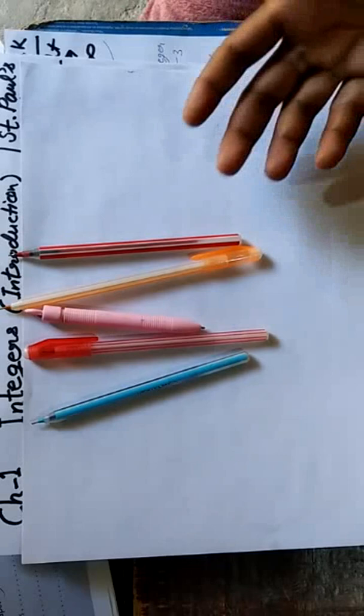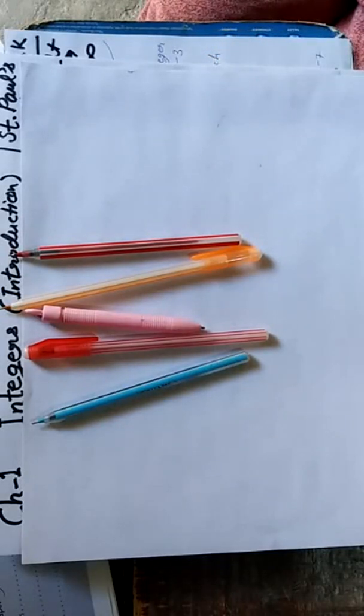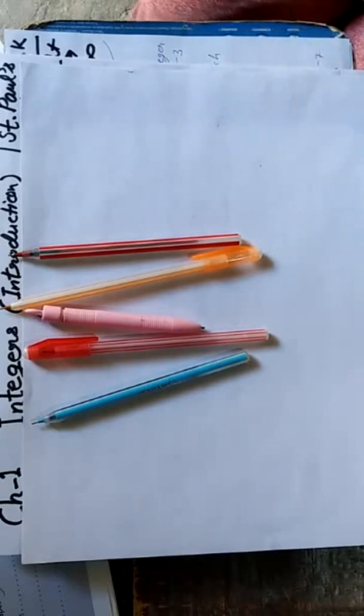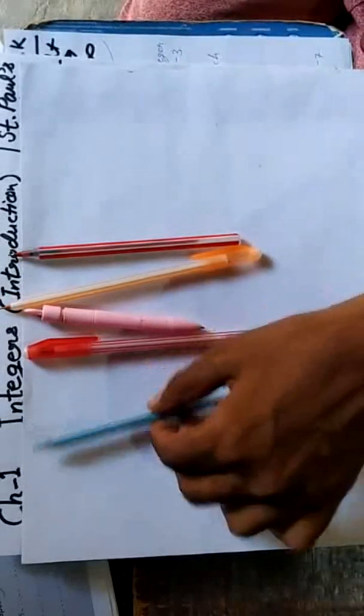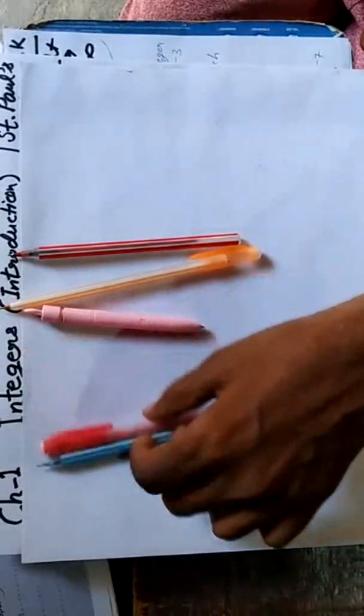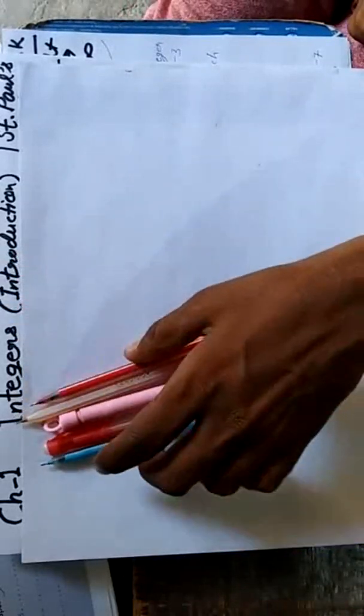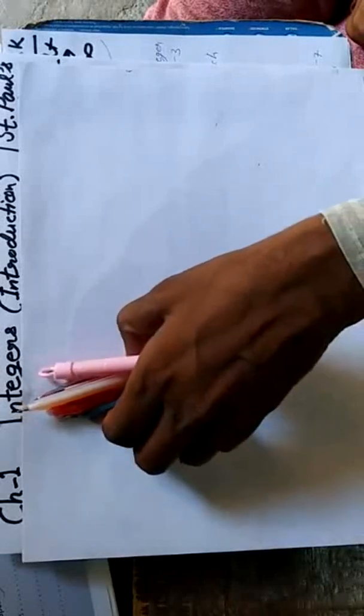But how do you know that? Okay, you count them. So 1, 2, 3, 4 and 5. Hence, the numbers which are used to count are called counting numbers or natural numbers.